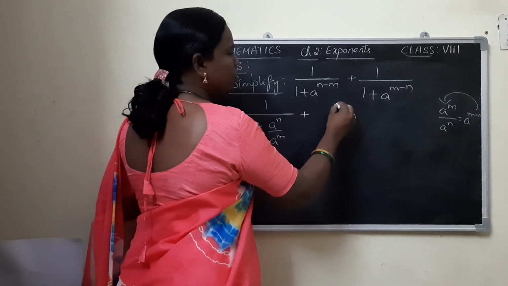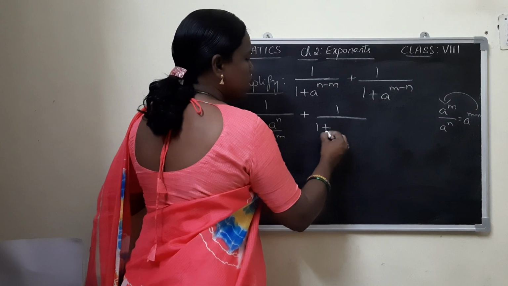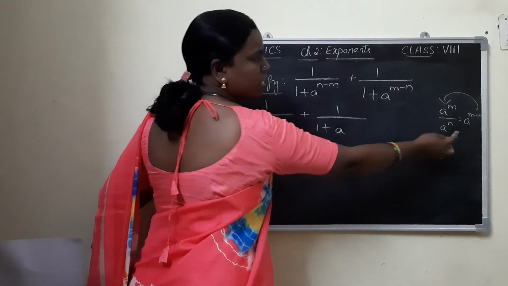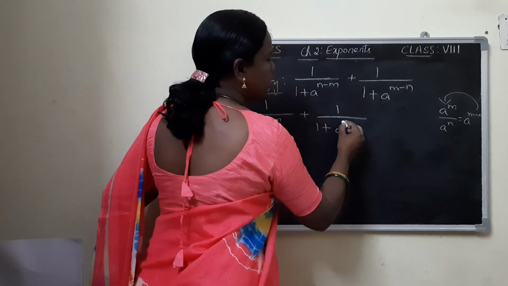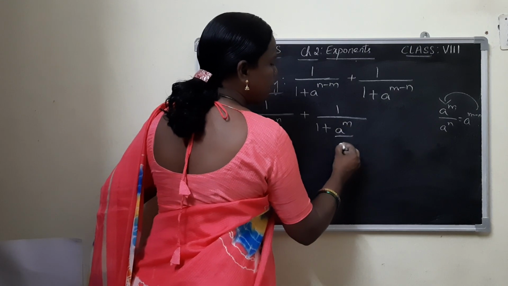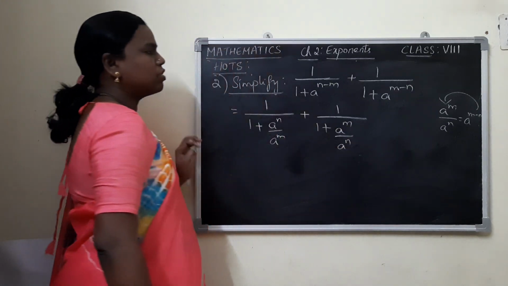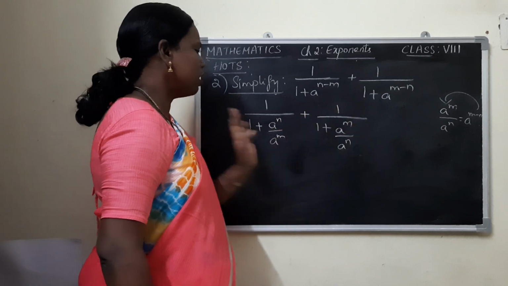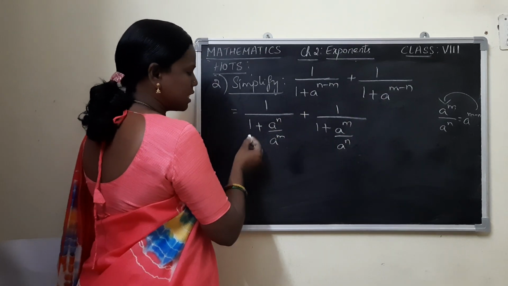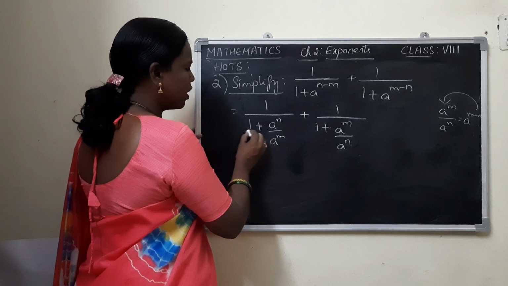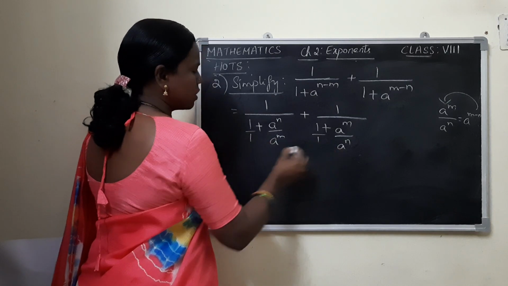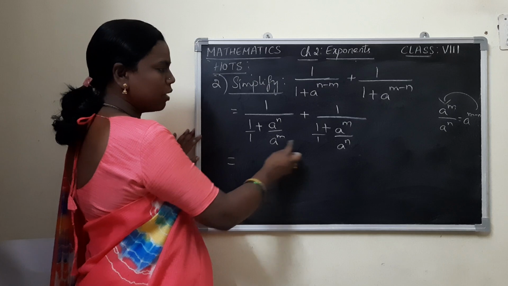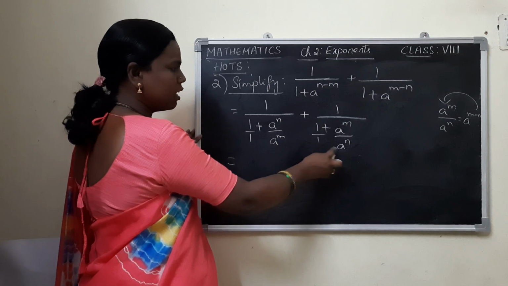Now plus 1 by 1 plus a to the power of m minus n. So this directly you can write in place of that a power m by a power n. So we have just rewritten the values by using the laws. Now take the LCM. If I take the LCM, what happens here? Here a power m and here also a power n will be the denominator.